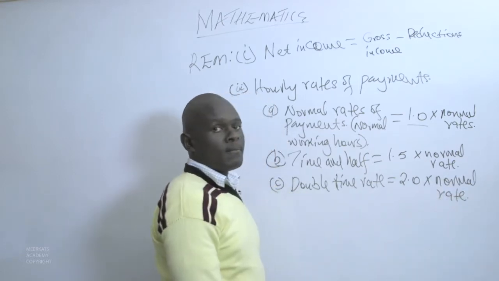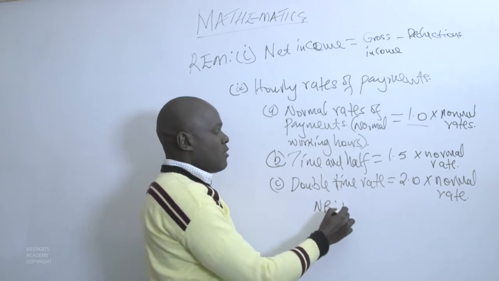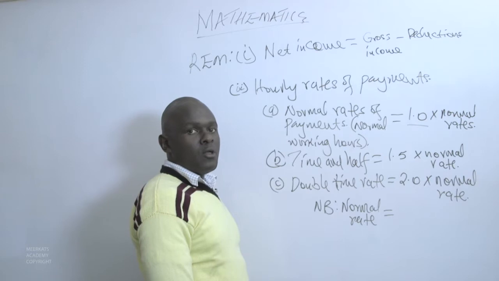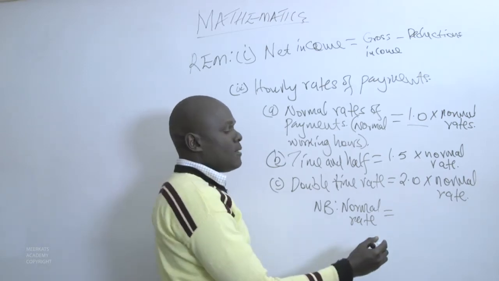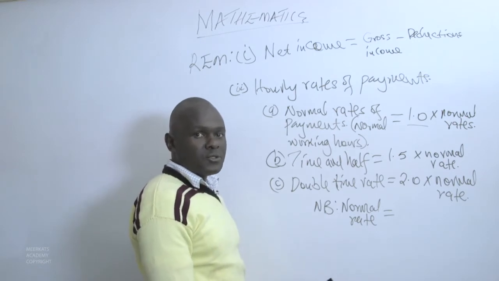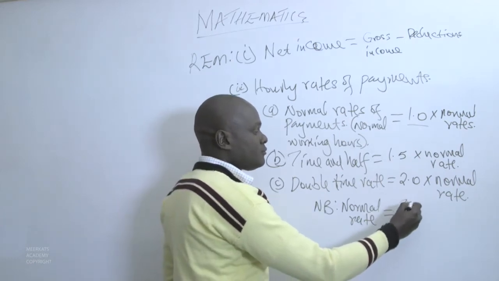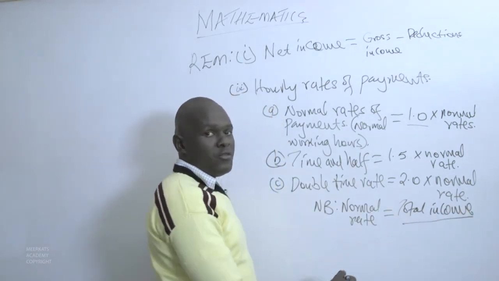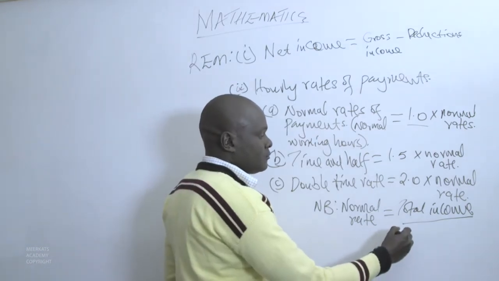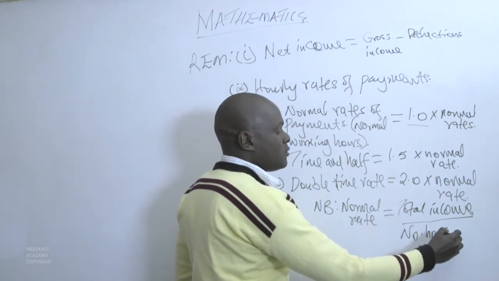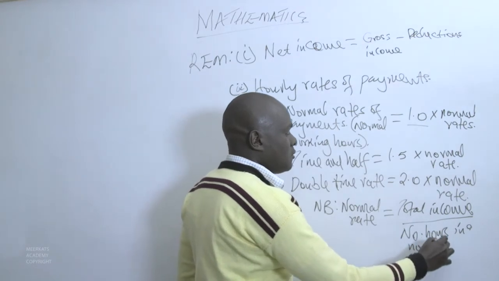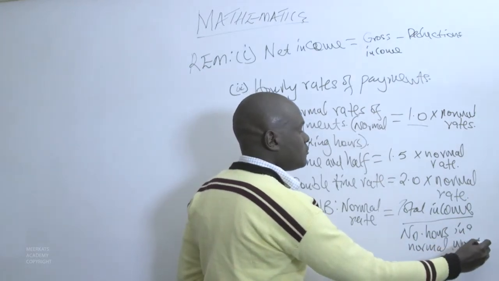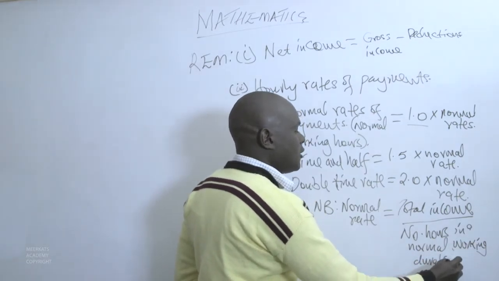And you should also remember that for us to calculate the normal rates, we took the total income that a person earns under the normal working hours, divided by the number of hours in a normal working duration.